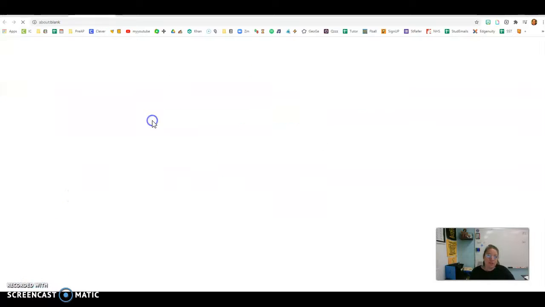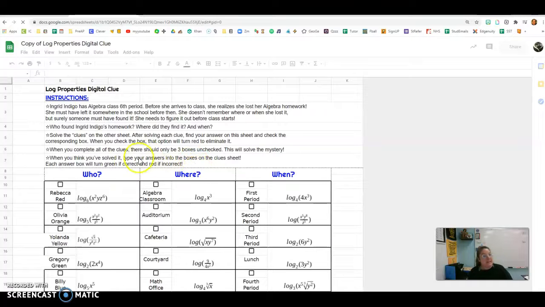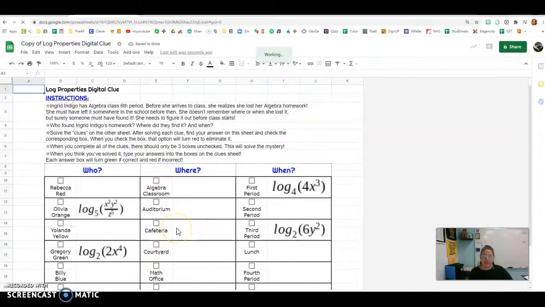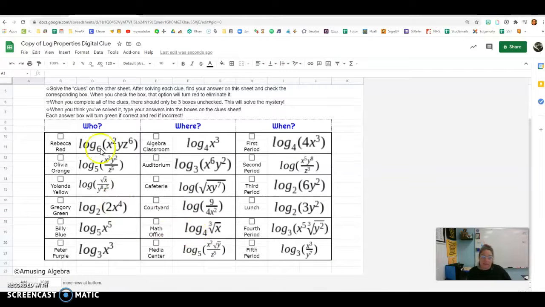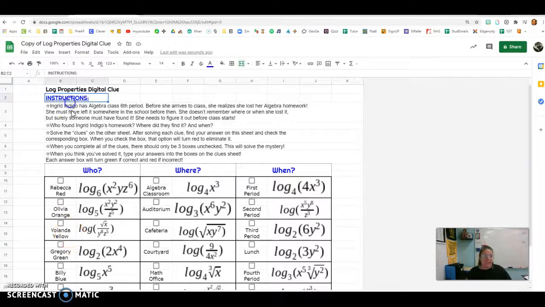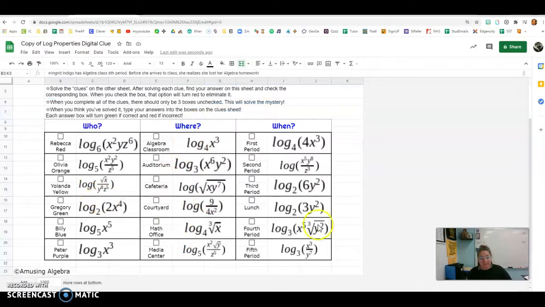When you click on the link, it's going to ask you to make a copy, so go ahead and make a copy. Then we're going to play Clue and figure out by process of elimination who found Ingrid Indigo's homework paper, where they found it, and during what class period.